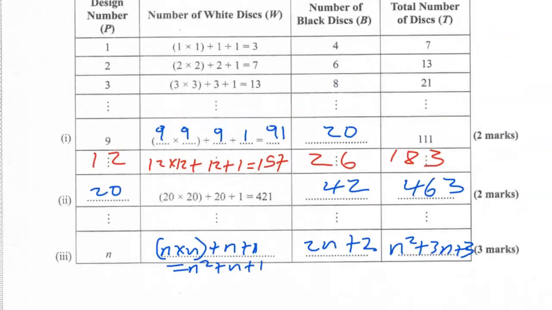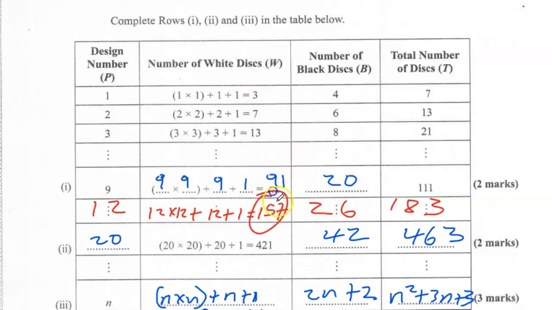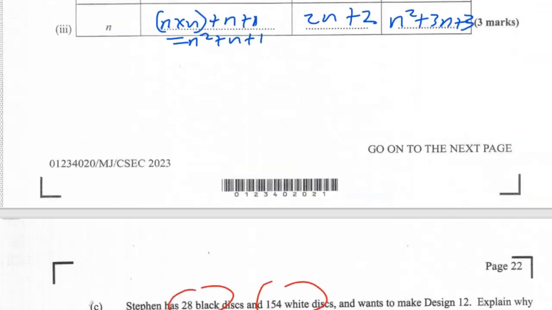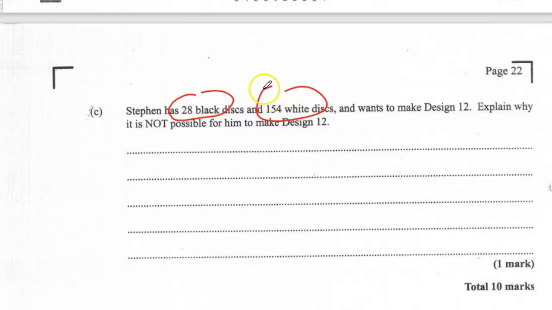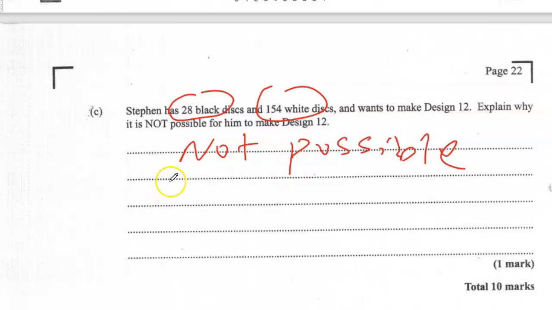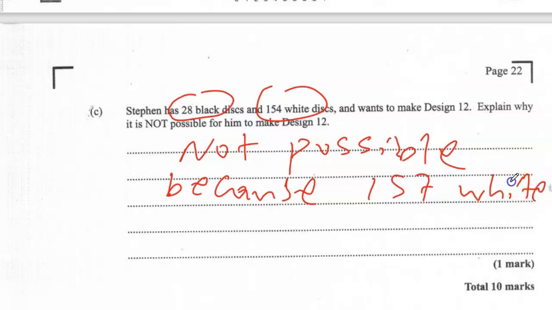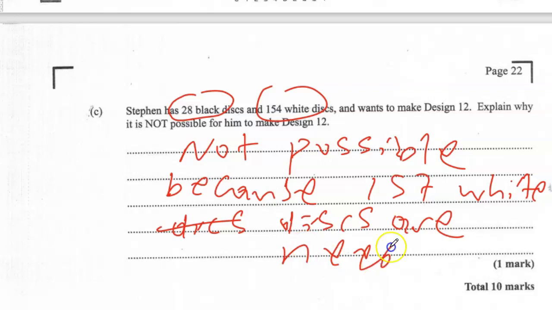To make design 12, you need 157 white discs, and Stephen has only 154, so it is not possible because 157 white discs are needed. He only has 154.